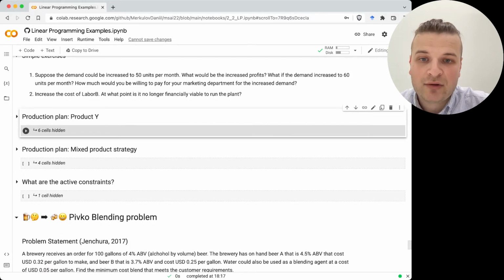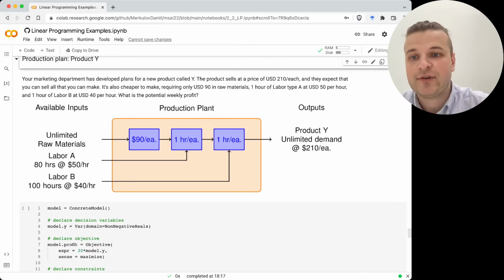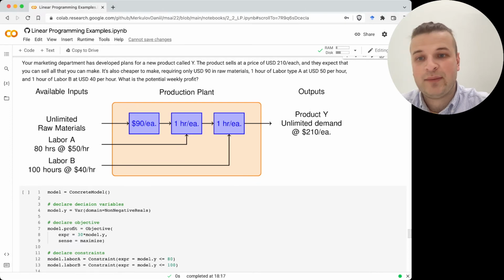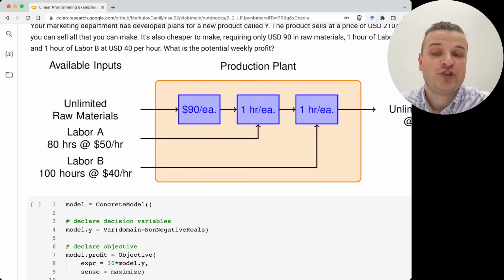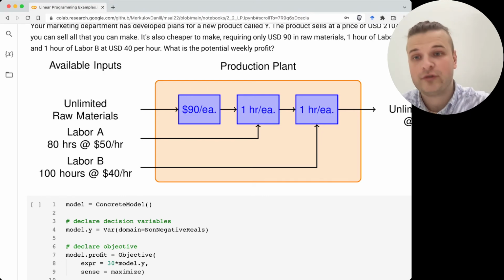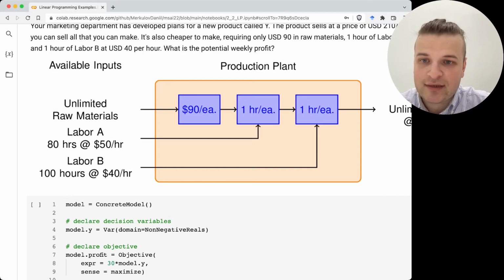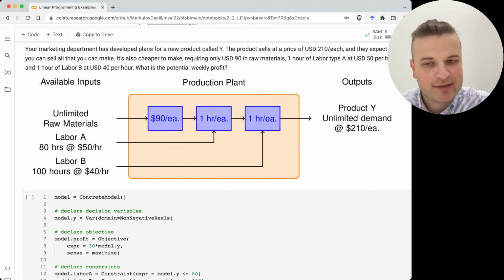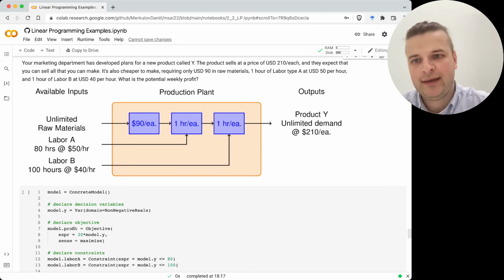But what about a second idea? For example, we have labor A, and we actually have 80 hours of worker time available, right? That's like 2 workers of a full-time work week here, and here we have a price per hour, and the same for labor B, for example.